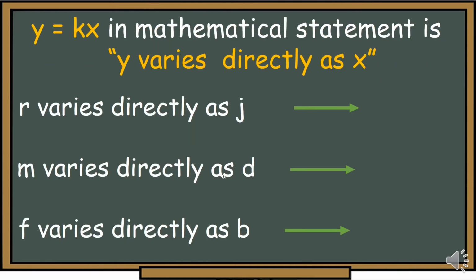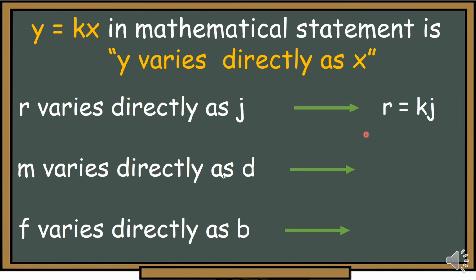Y equals kx in mathematical statement is read as y varies directly as x. Okay? Y varies directly as x. So if we translate r varies directly as j into a mathematical equation, we can say that this is r equals kj.